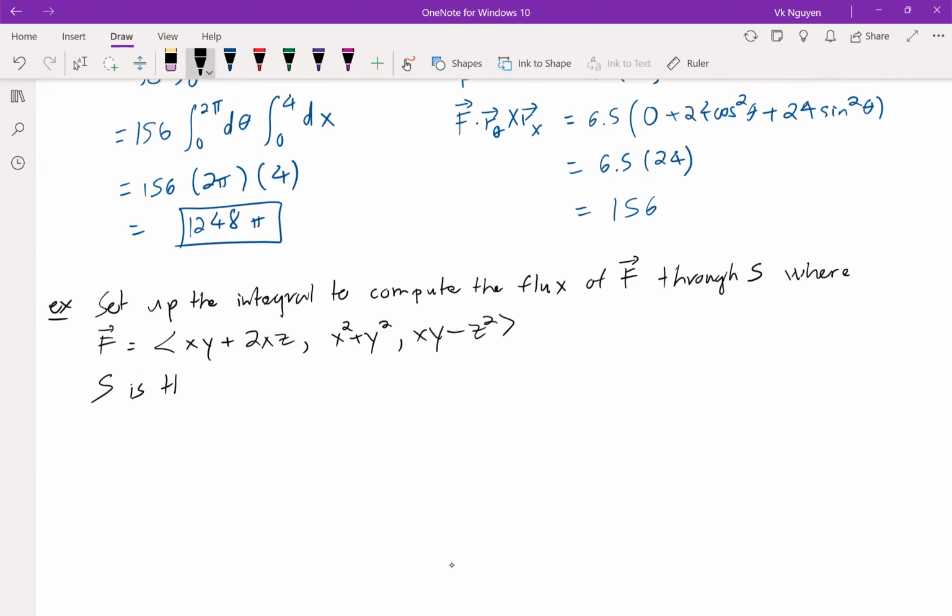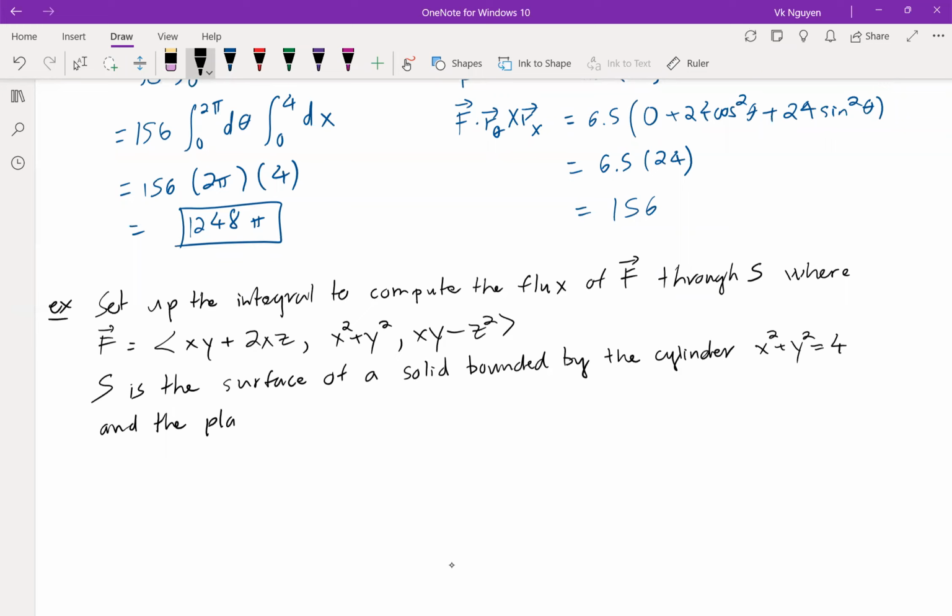S is the surface of a solid bounded by the cylinder x square plus y square equal 4 and the planes z equal y minus 2 and z equal to 0.